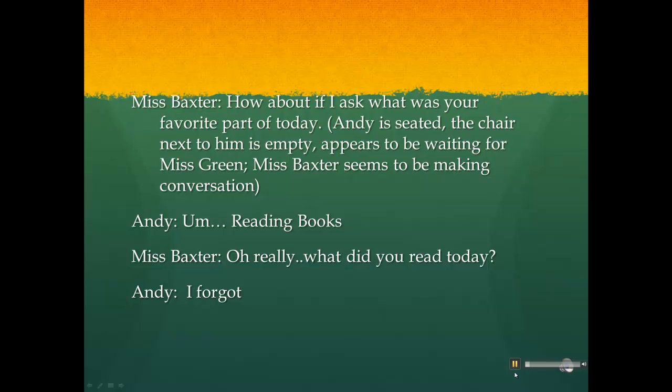This is another example of Andy's marker as a struggling reader. Here he gives what he thinks to be what the teacher wants to hear, that his favorite activity is reading a book. And when she questions him further about what book it was that he enjoyed reading, he forgot.